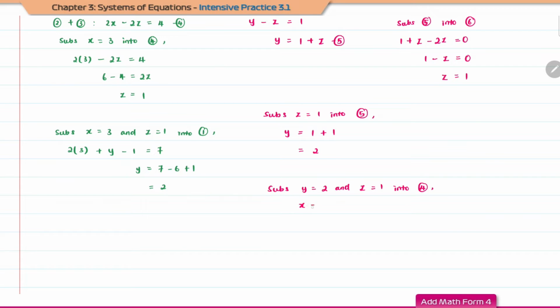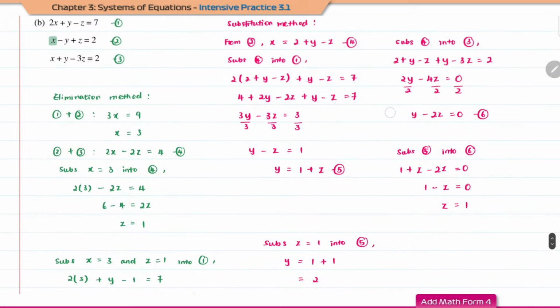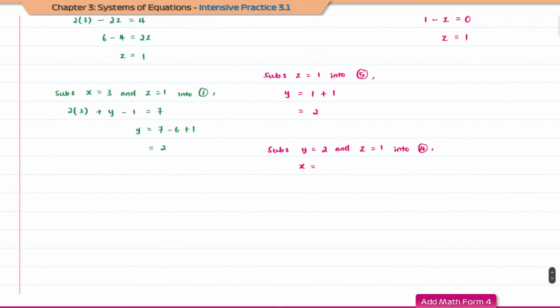So x is equal to, if you look at equation number 4, 2 plus y minus z. So x will equal 2 plus 2, 4, minus 1, x is equal to 3.